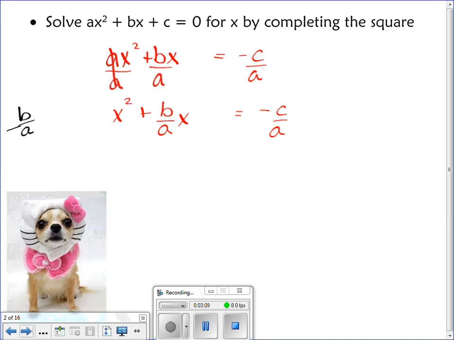It goes underneath here. I'm dividing it by 2, and then we square it. So b squared is b squared. What's 2a squared? 4a squared. And that's what we add to both sides.